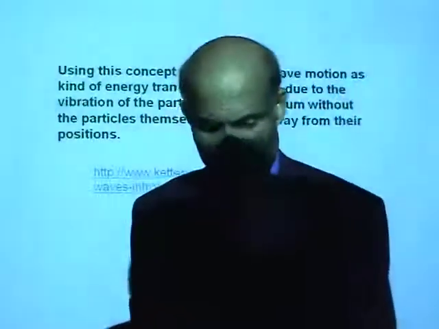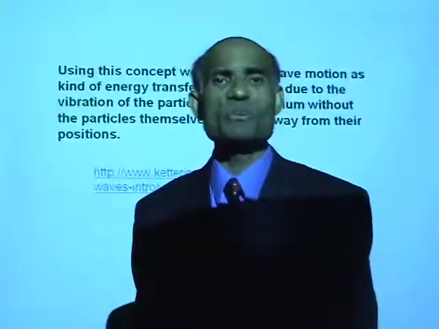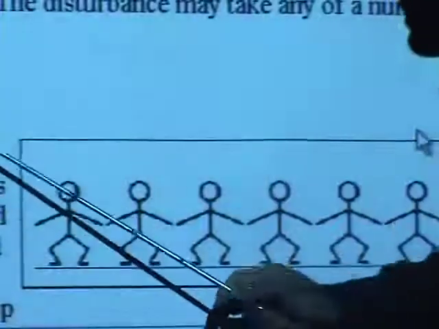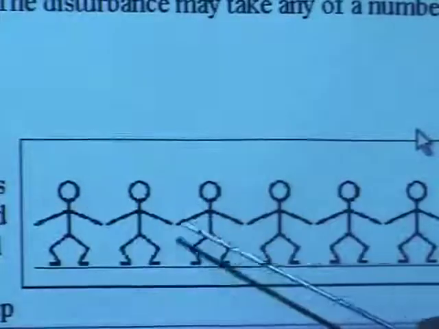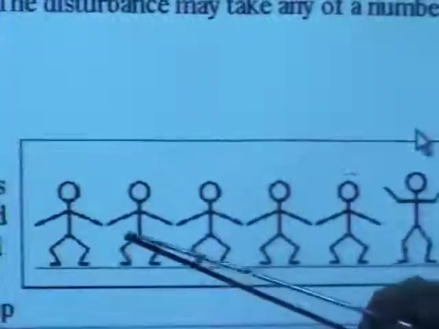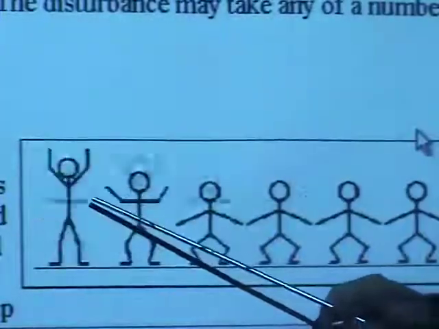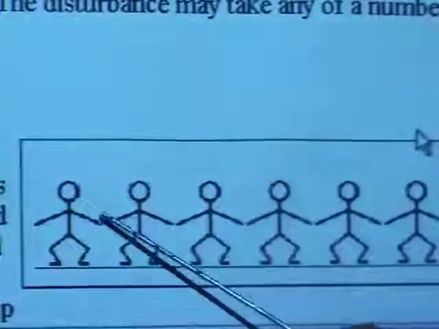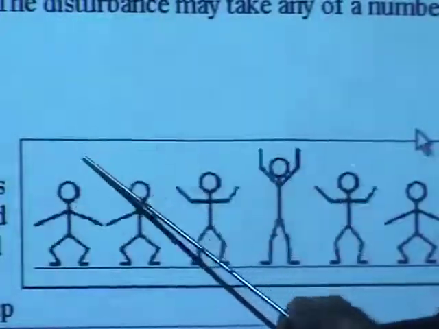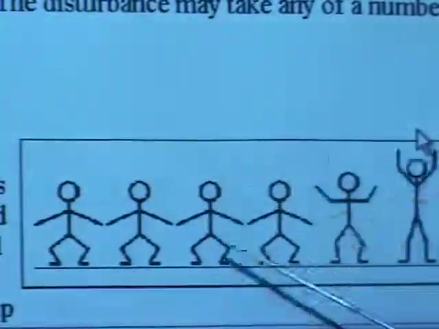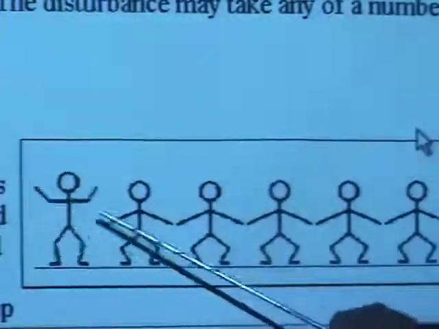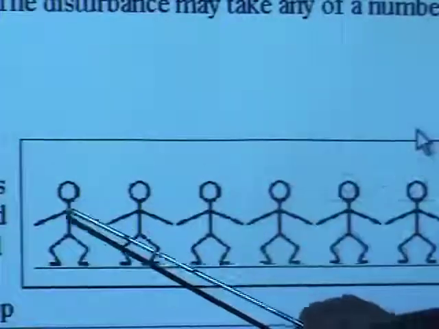Alright, now let me see if I can show an illustration to you. Here you have an example of a medium. I have constructed a medium here by lining up some students. You can see, if they are holding hands, one goes up and down. Look at how the energy of vibration gets transferred. I'm going to call each student a particle.